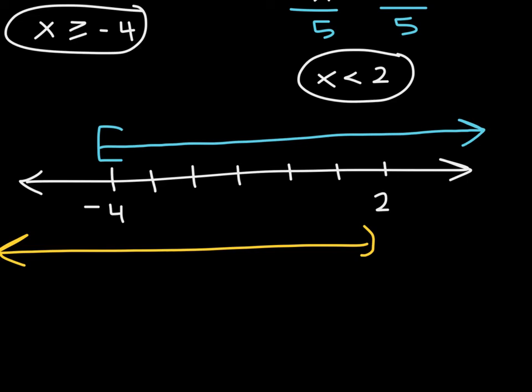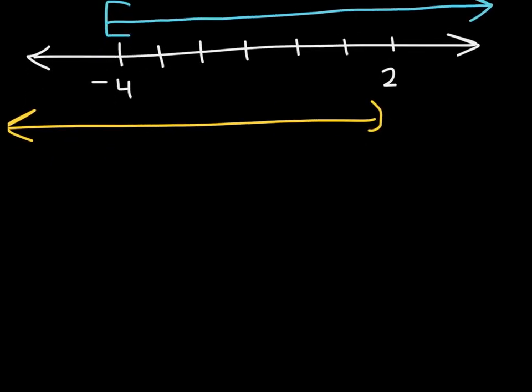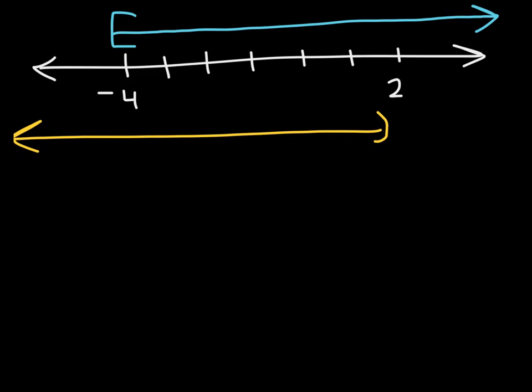So really, you cannot find a number that's not included because these sets overlap each other, the yellow and the blue, and they're going in opposite directions. So they basically cover every single real number on the number line. In other words, the final solution set must be all real numbers. Everything is covered.